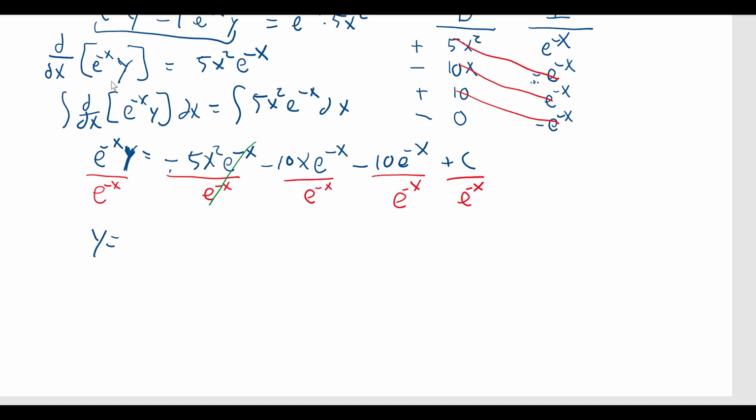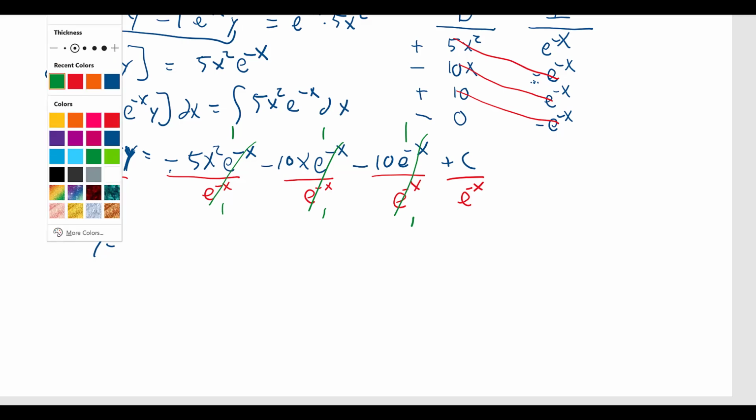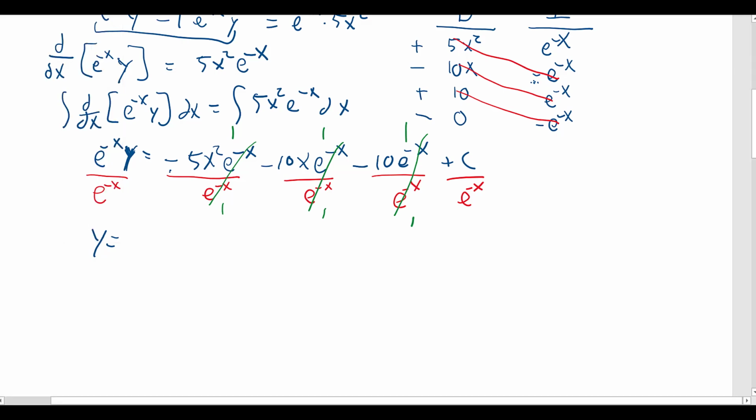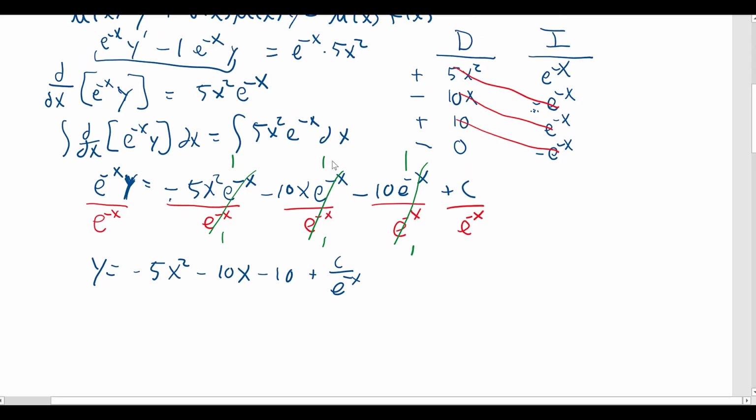These cancel here, they cancel there. I should say they divide out technically. And we end up with negative 5x squared minus 10x minus 10 plus c over e to the negative x.